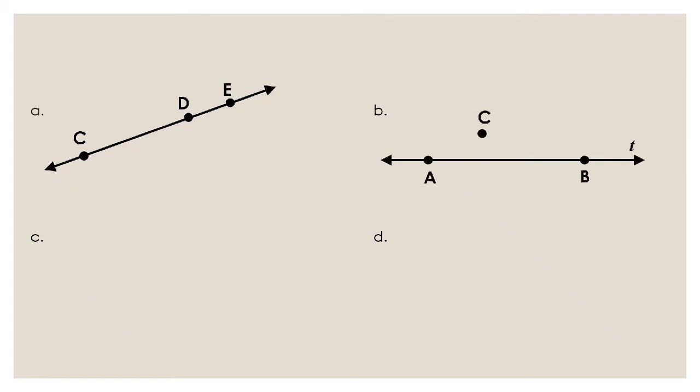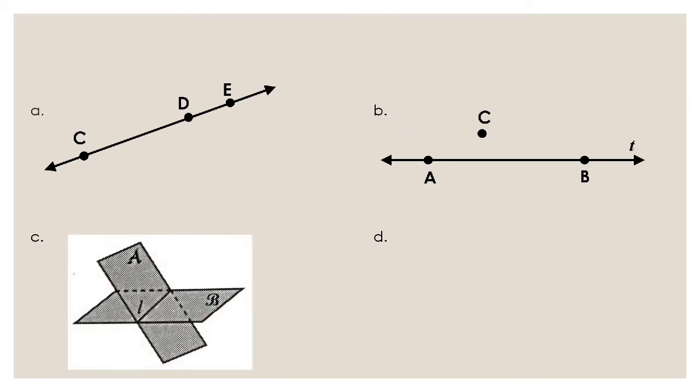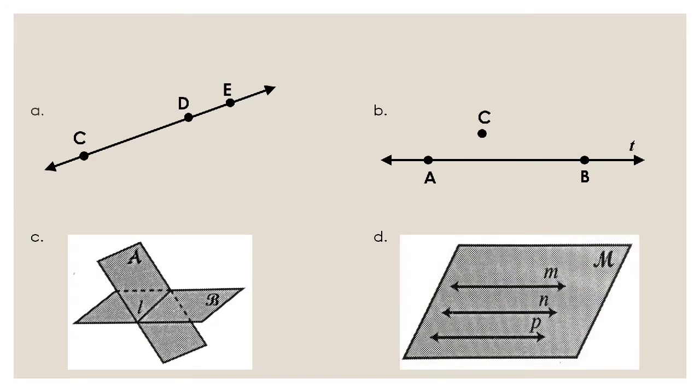Now let us check if you have followed my instructions correctly. So this is letter A. Did you get it right? Okay, very good. How about letter B? Okay, you're getting better. How about C? Did you get it? Okay, don't forget the labels. Letter D. Okay, there you go.